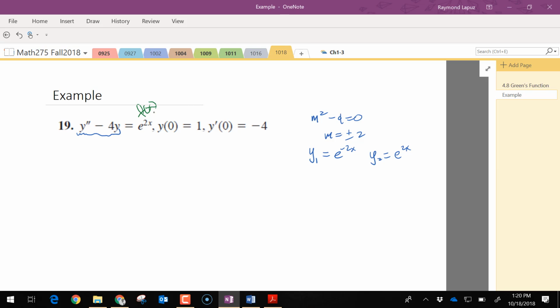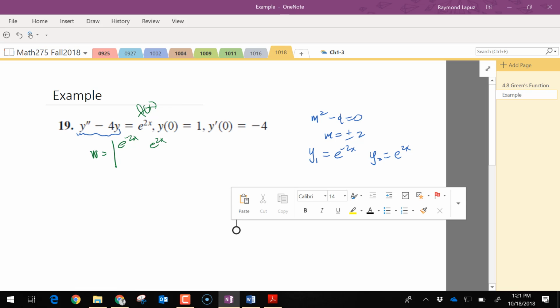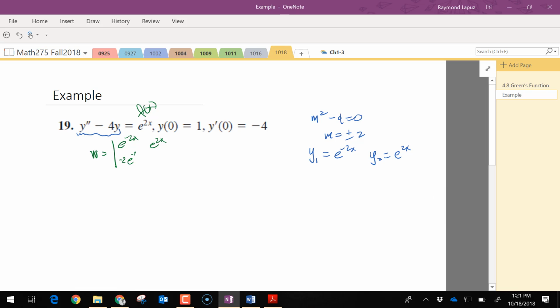All right, we do need the Wronskian for our Green's function, so let's figure out our Wronskian. And because this turns out to be a nice couple of functions, you'll see the Wronskian should look nice. f of x is e to the 2x, correct? So Wronskian is e to the negative 2x, e to the 2x, and derivative is negative 2e to the negative 2x and positive 2e to the 2x.